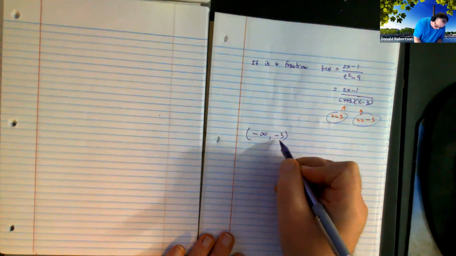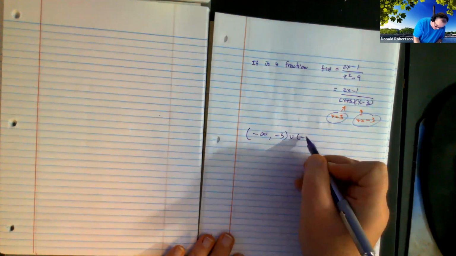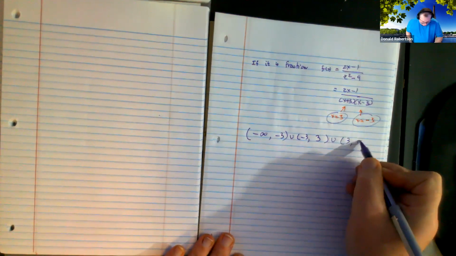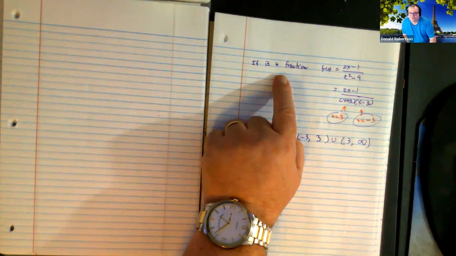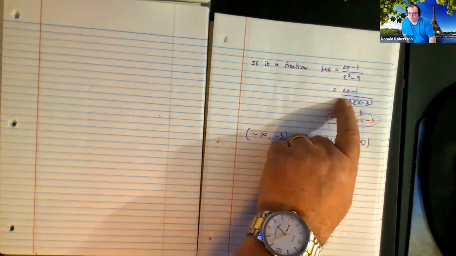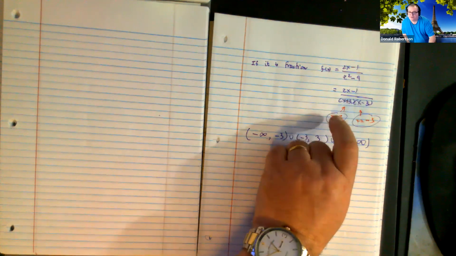One is positive 3, the other is negative. So the domain will be everybody except those 2. So we would say the domain was up to, but not including, -3, from -3 to +3, and then from 3 to infinity. So when the function that you're given is a fraction, factor the bottom and find the places on the bottom which are 0, because when you factor it, it's easier to find those. Those are the places you can't use. In this case, 3 and -3.